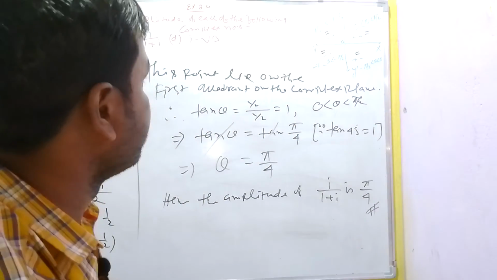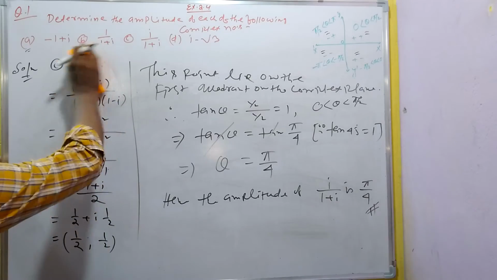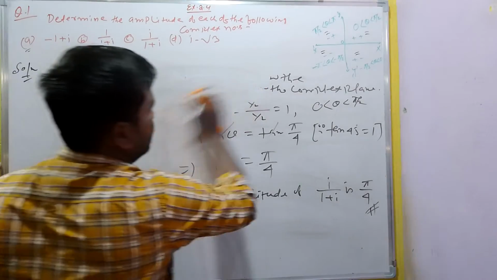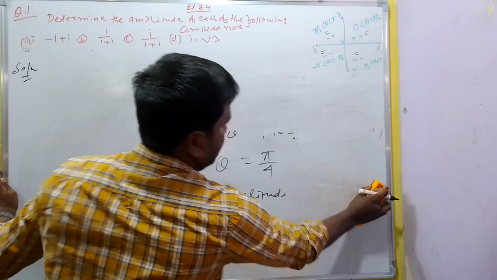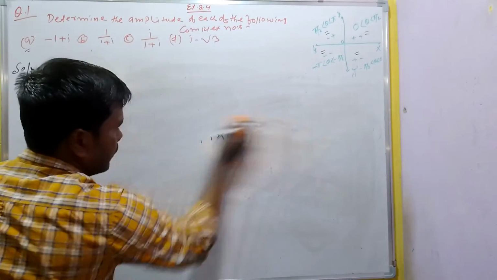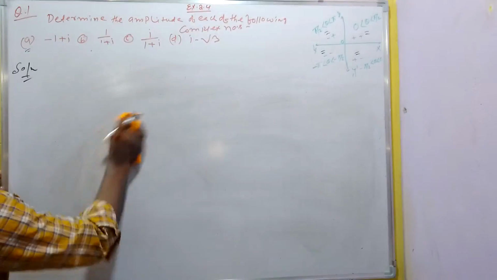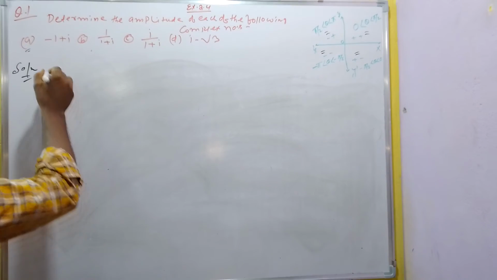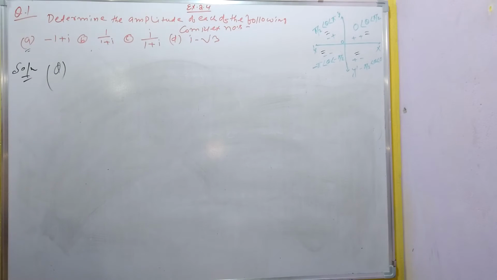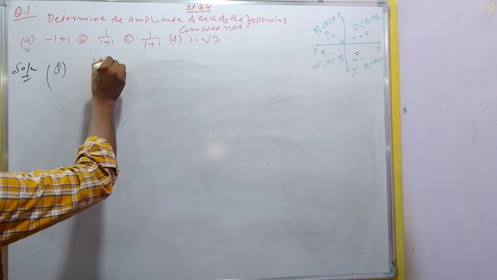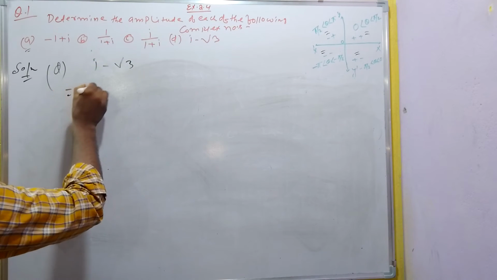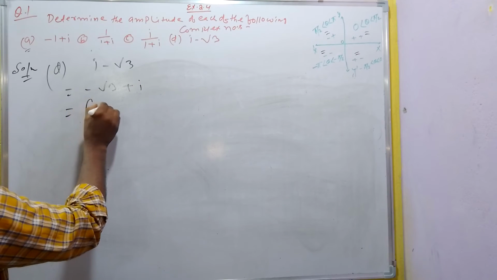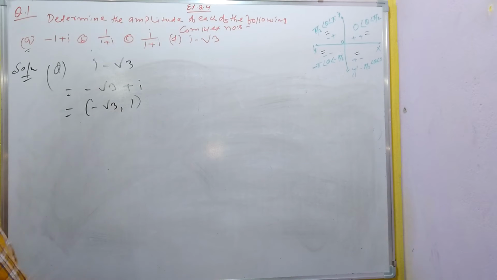Again, we have to find question number D. Question number D, given that i minus root 3, you have to write minus root 3 plus i. Again, you have to write minus root 3 comma 1.